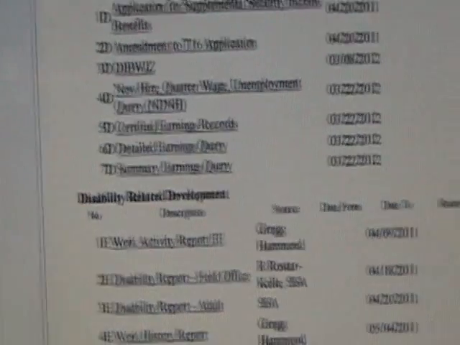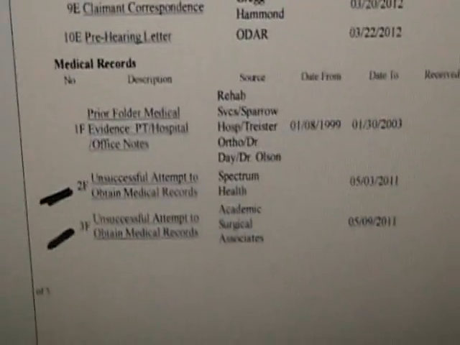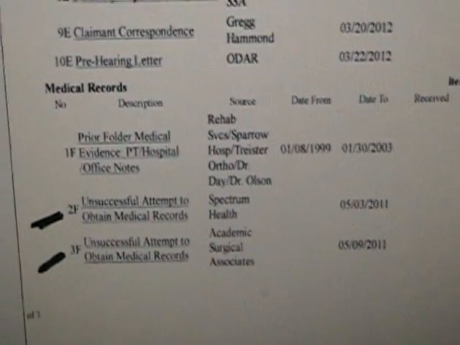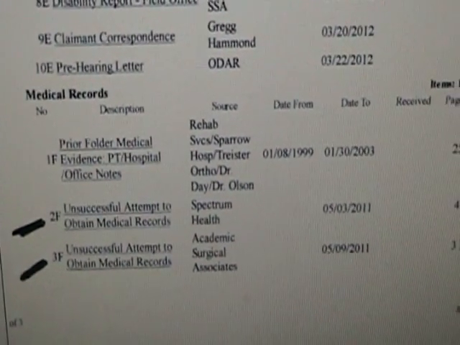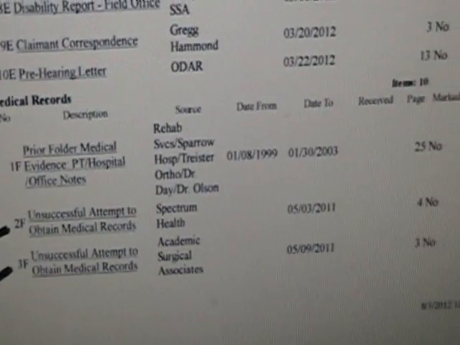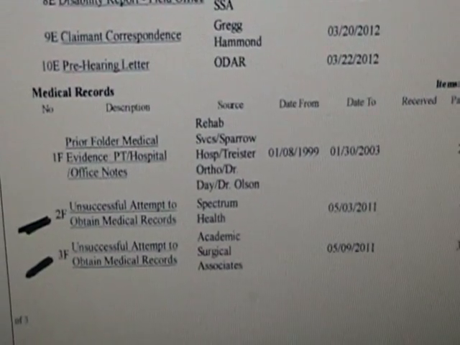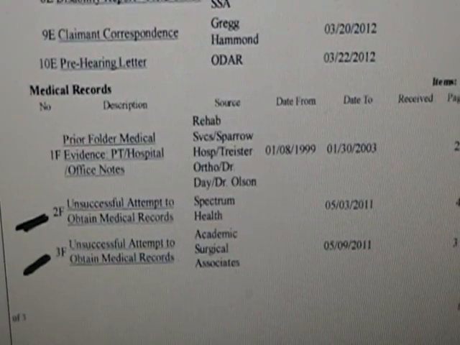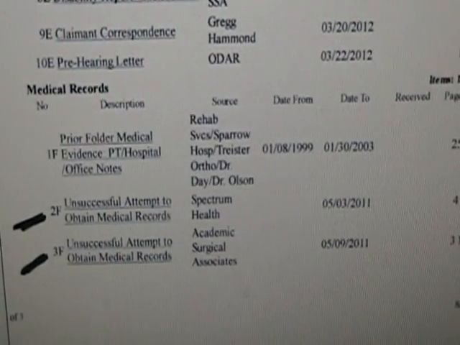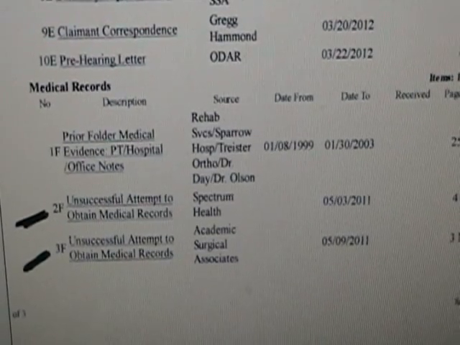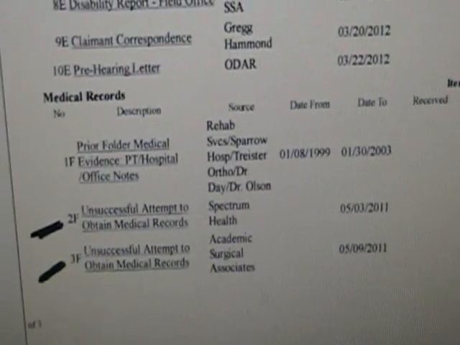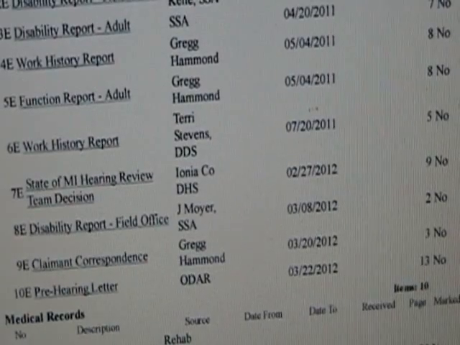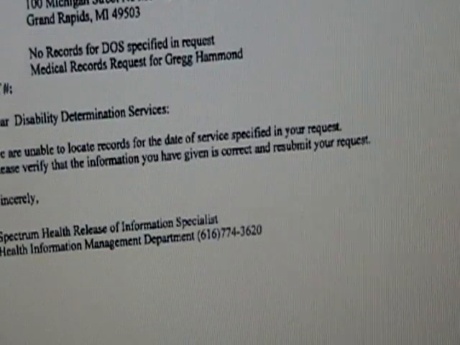But look, here's the evidence list. Unsuccessful attempt to obtain medical records from Spectrum Health on 5/3/2011. Oh look, 3F, unsuccessful attempt to obtain medical records from Academic Surgical Associates on 5/9. So, let's go to the next page.